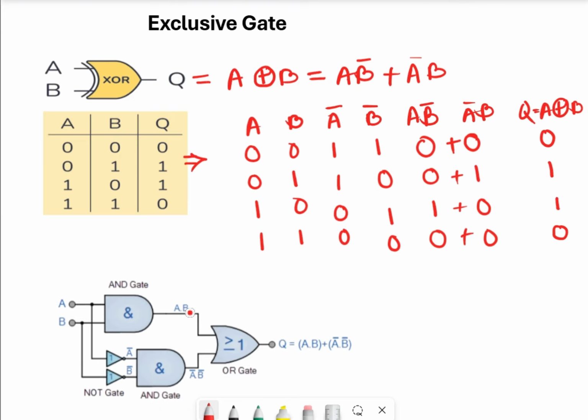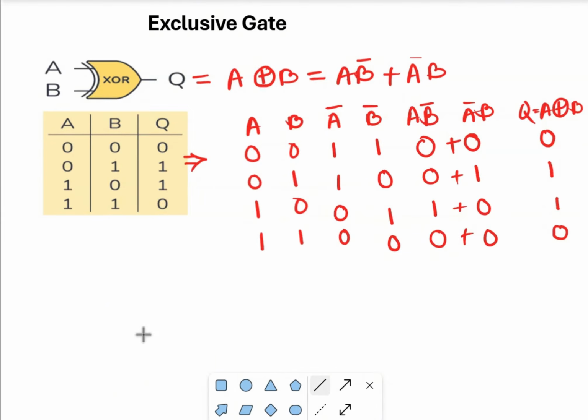It means when we have one input 0 and another 1, indeed we'll find the output 1. One is 1, another one is 0, we'll find 1. So opposite inputs give the output high, right?